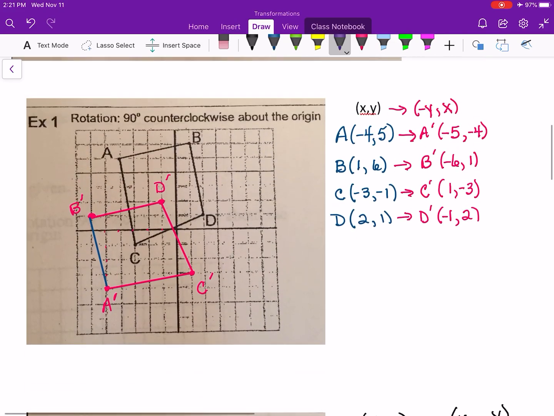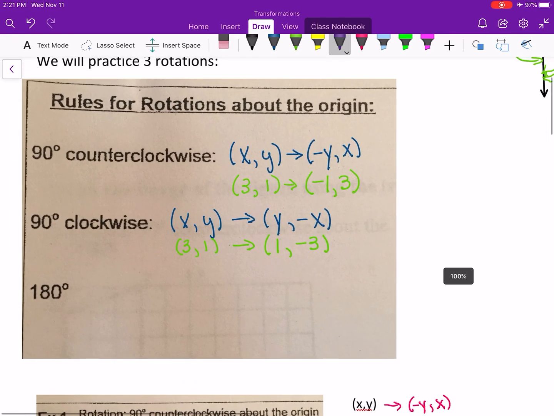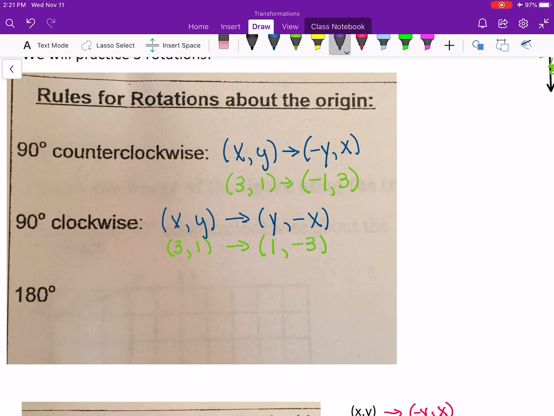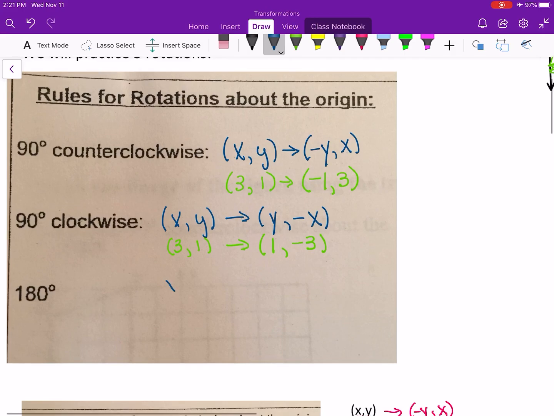The final rotation that we are going to take a look at and have a rule for is 180 degrees. And that is the same as 180 degrees counterclockwise. So here's the rule. We're taking the original x comma y, and to transform it, we aren't going to change any order, but we are going to take the opposite of both coordinates.